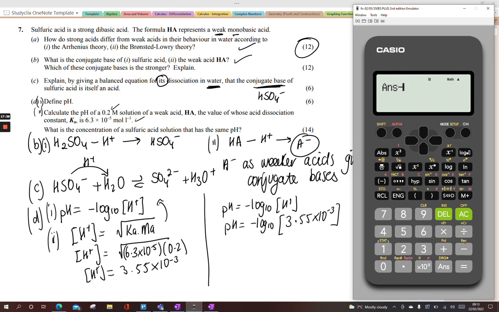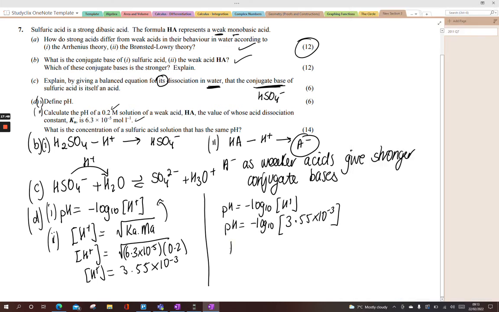Minus log to the base 10 of your answer, and we get 2.45. 2 decimal places, I think it's lovely, 2.45. Is that what your digital pH meters would read? And part 3.